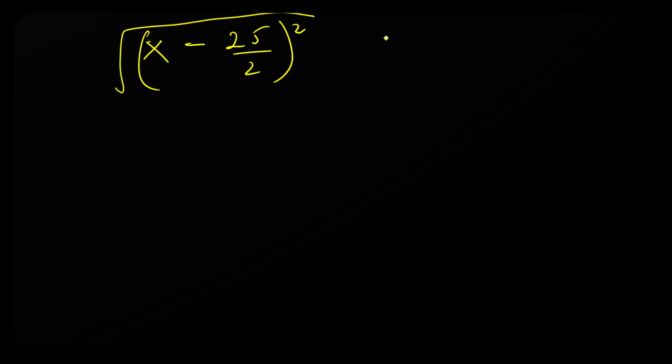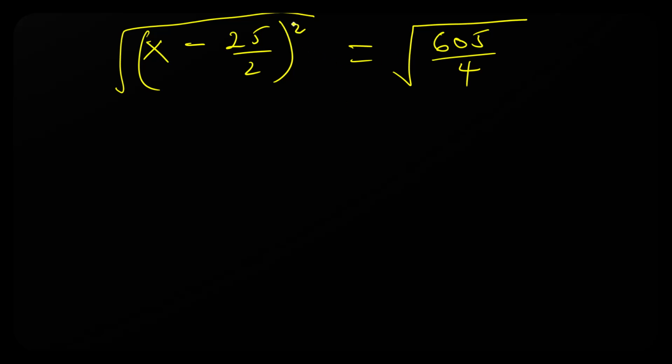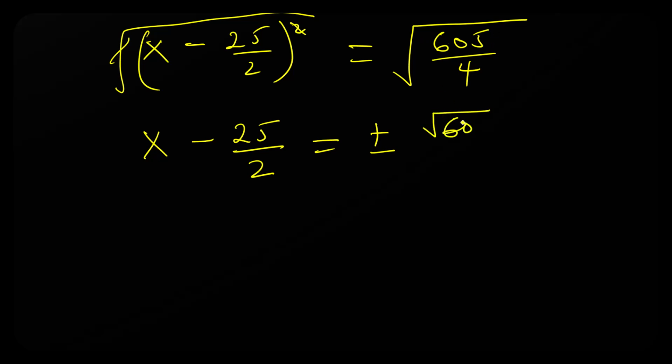Take square root and square root of 605 on 4. Alright, now from here, this one will cancel this. So we have x minus 25 on 2 equals plus or minus. So this one can be written as square root of 605 and square root of 4.